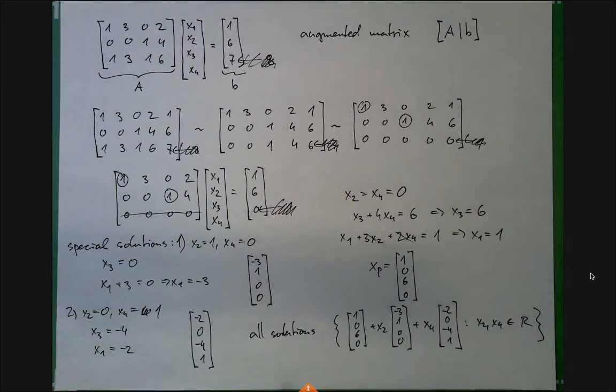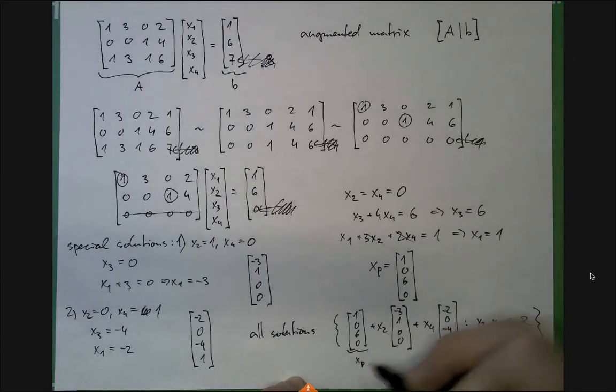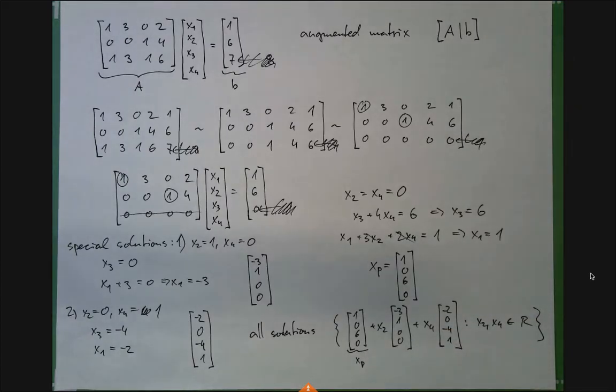So the point here is that the set of all solutions splits into the particular solution, this xp, right? And then these special solutions, which I can have many of them. The number, again, is the number of columns minus the number of pivots. Don't worry, we'll look into that in more detail.